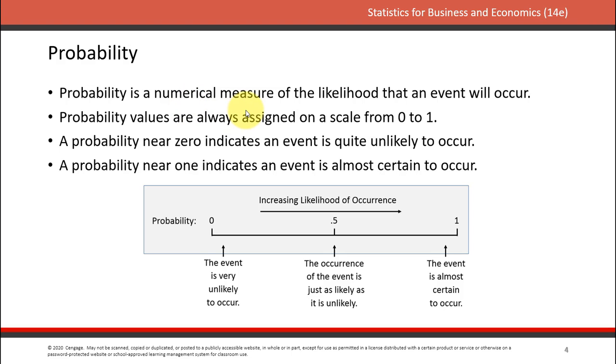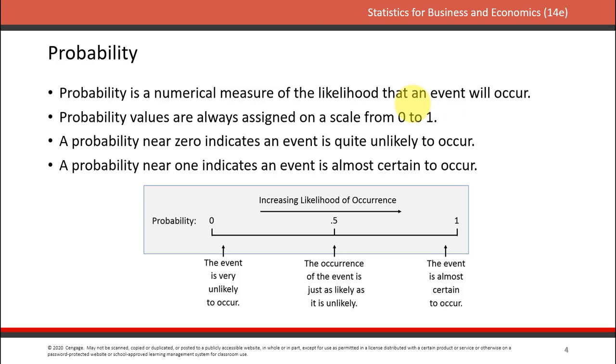So when we say the probability that it will rain, we're kind of measuring the probability of that event. In that case, the event that it will rain, or the event that sales will increase. What's the probability that sales will increase? So we're trying to talk about the event that sales will increase and assign a number to it. We might say the probability that sales will increase is 80%.